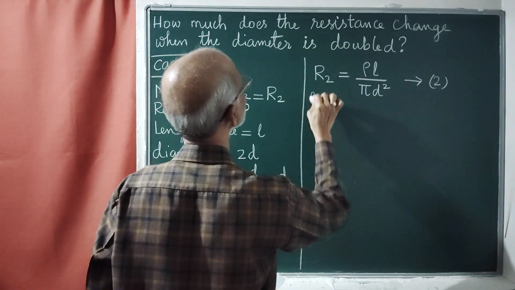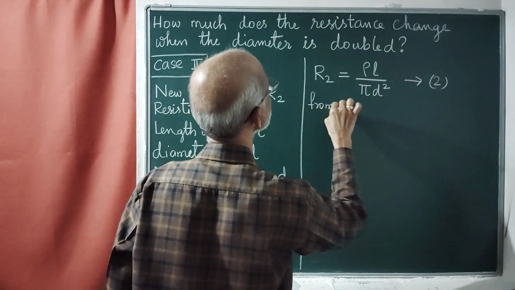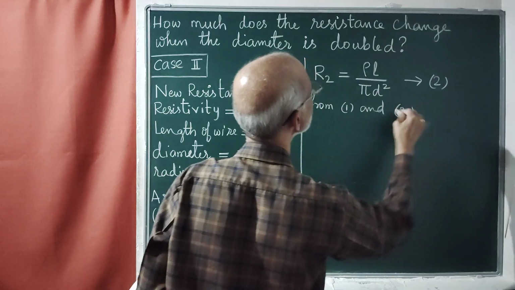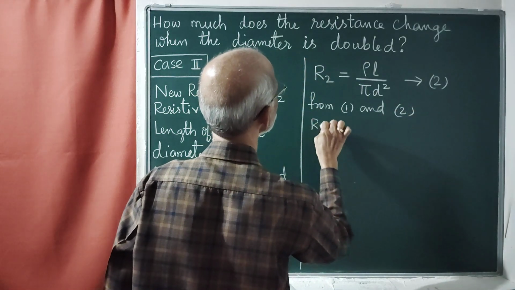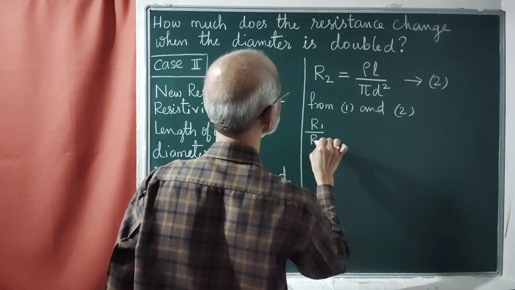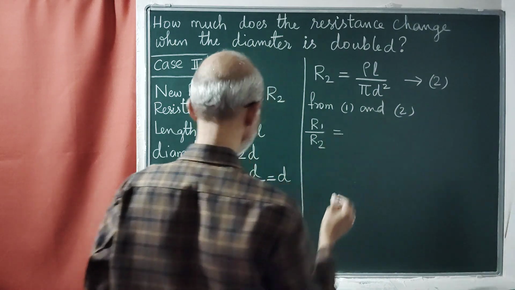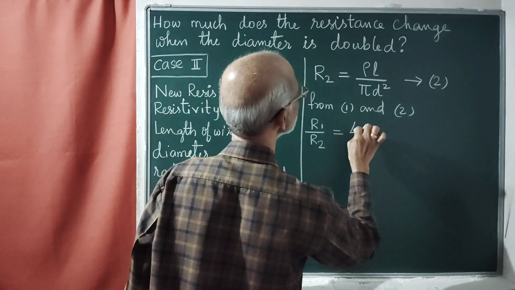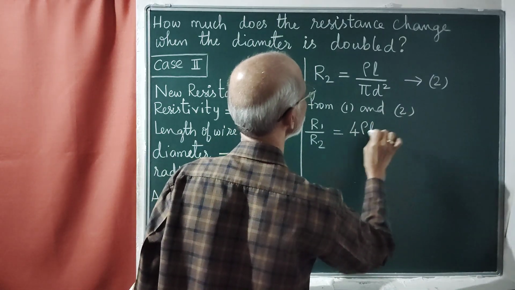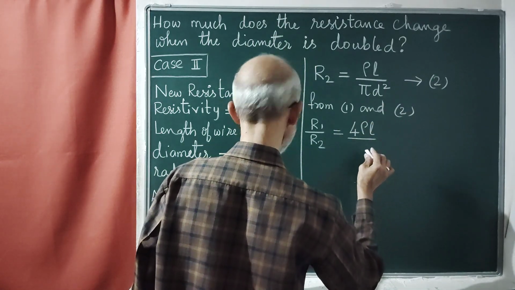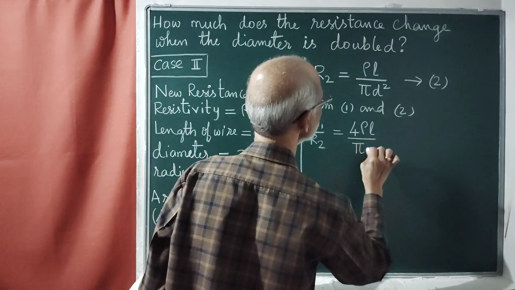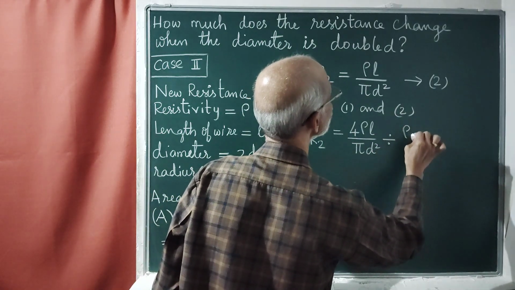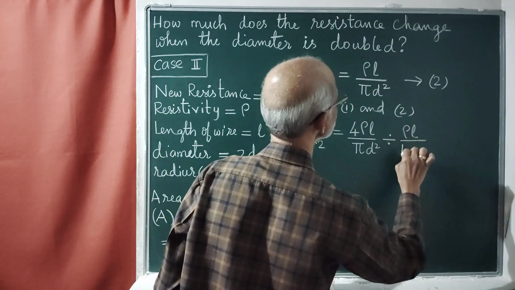So from 1 and 2, R1 by R2 is equal to 4 rho L by pi D square divided by rho L by pi D square.